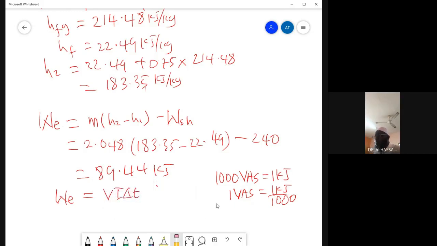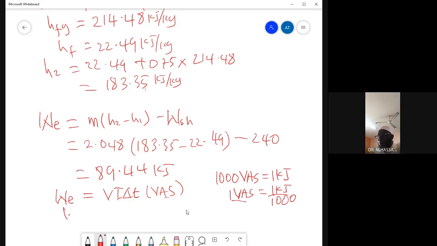Okay. So the unit for this is VAS: V for voltage, A for current, and S for time. But we want to convert it into kilojoules. We know 1 VAS equals 1 kilojoules divided by 1000, so wherever I see this, I'll just replace it by that.